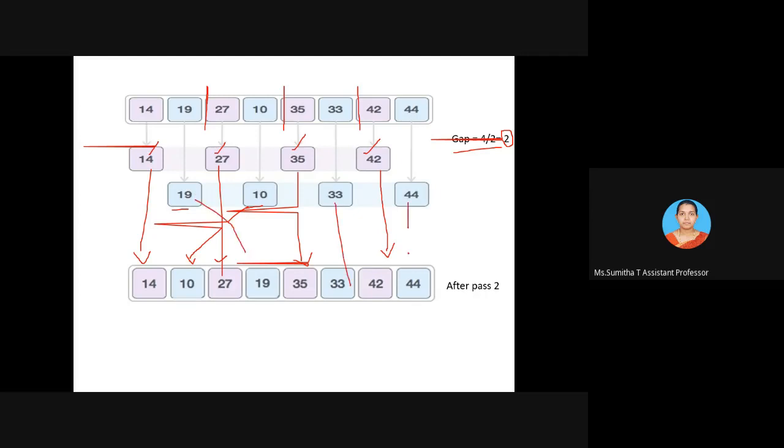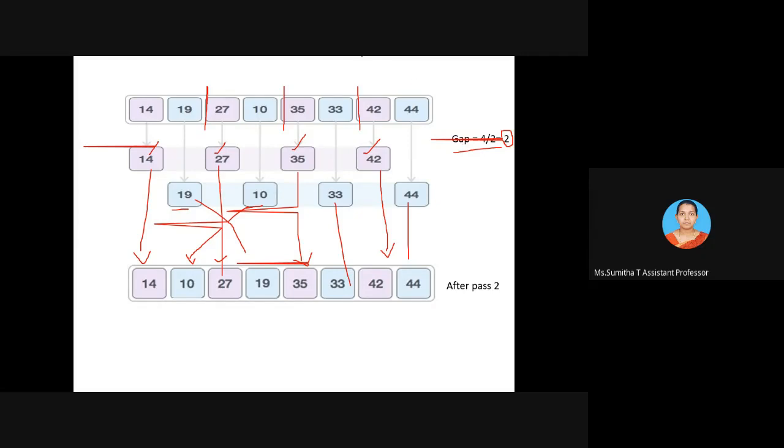Is it clear how we are doing this shell sort? We find the gap. Based on the gap, we divide the elements and pick elements from the different sets. We have 4 sets. In that, we pick the first element of each set and compare. If they are already in order, no problem, we need not swap. Otherwise we swap the elements based on the order.